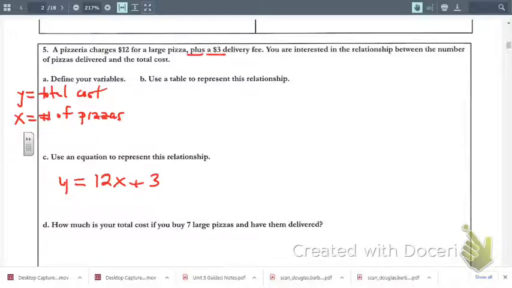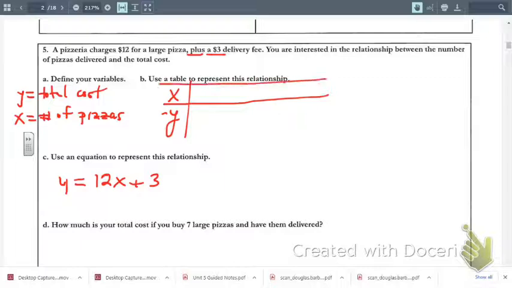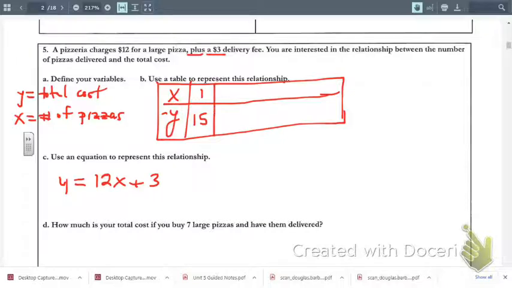All right, so now we're going to come back here and do our table. If we buy one pizza, plug 1 in for x, so 12 times 1 is 12 plus 3, so that's going to be $15. Plug in 2, you're going to get $27.